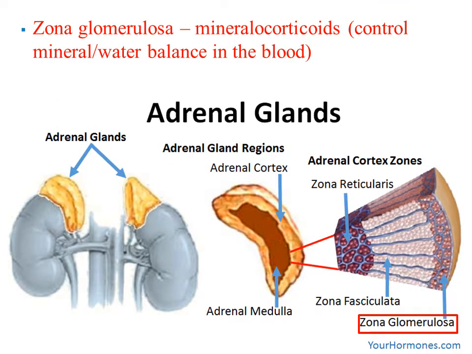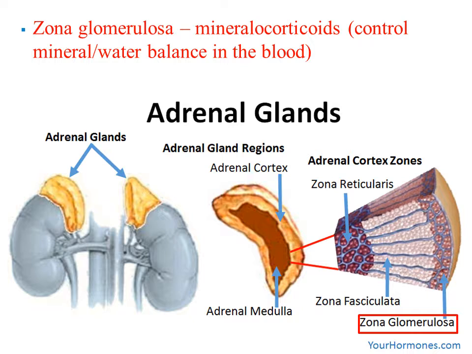The first portion of the cortex that we will discuss is the most superficial. The most superficial is the zona glomerulosa. This is going to produce these mineralocorticoids. These mineralocorticoids are going to control mineral and water balance in the blood.